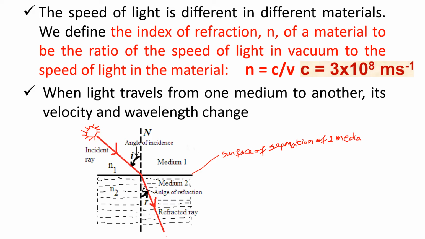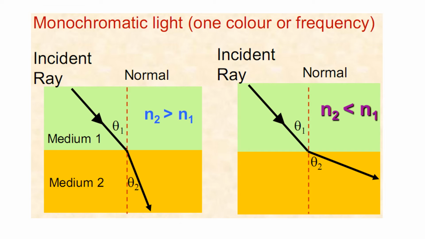Then this phenomenon of refraction may be explained by considering medium 1 to be denser or less dense than medium 2. Here in diagram 1, we have index of refraction 2 larger than index of refraction 1.